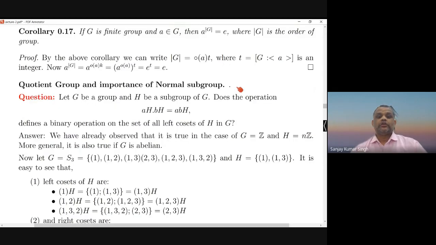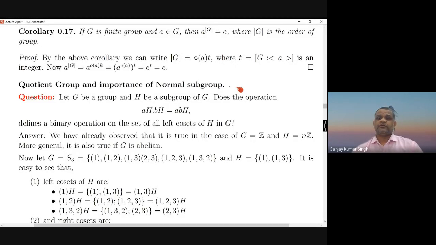Now come back to our original question, which I asked in the case of equivalence relations. When I defined equivalence classes, I was asking whether we can give some nice structure on G by tilde, such that G by tilde is a group. Now I have defined a special relation using a subgroup, and that relation is related to the left cosets of that subgroup.